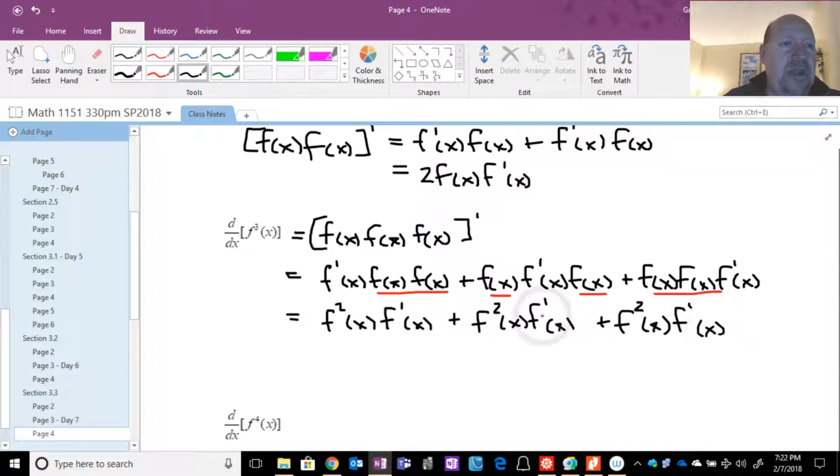You see we have 3 of those, so this simplifies to 3 f squared of x f prime of x. That's the result of taking the derivative of some function cubed.